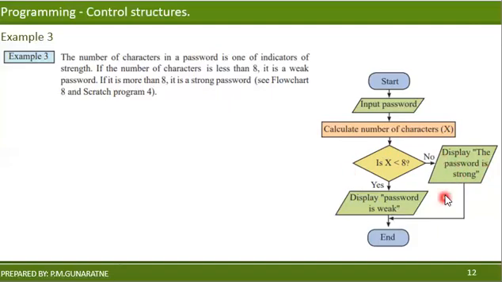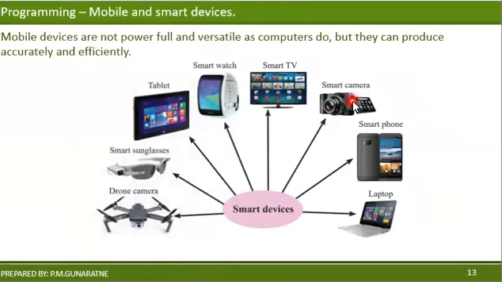Okay, so that is the program. So depending on the number of characters, it will follow this path or this path. After executing either path, it will come to the common point and it will end. Okay, so the selection is there, and then again we have a sequence as well.